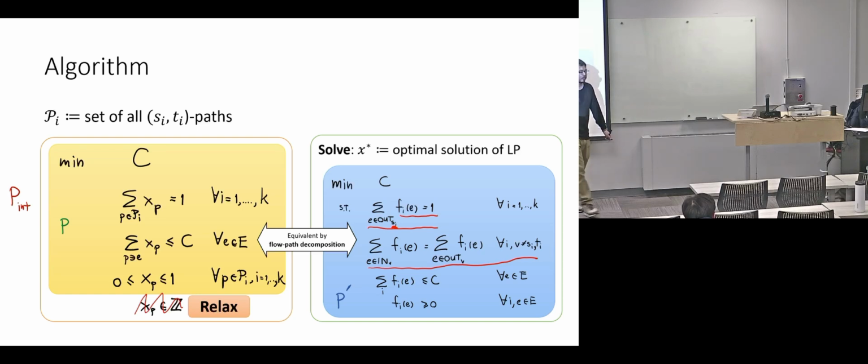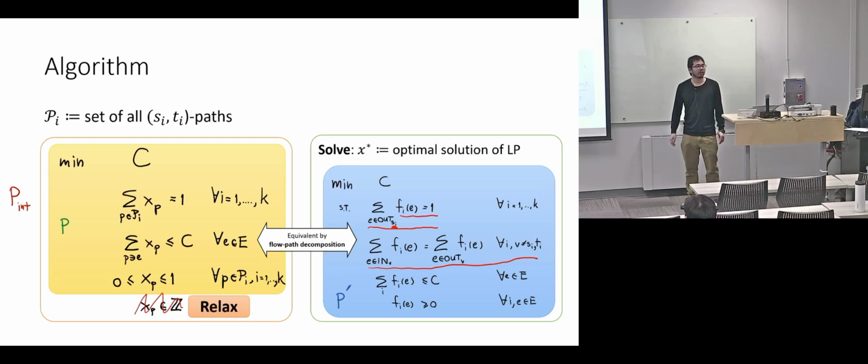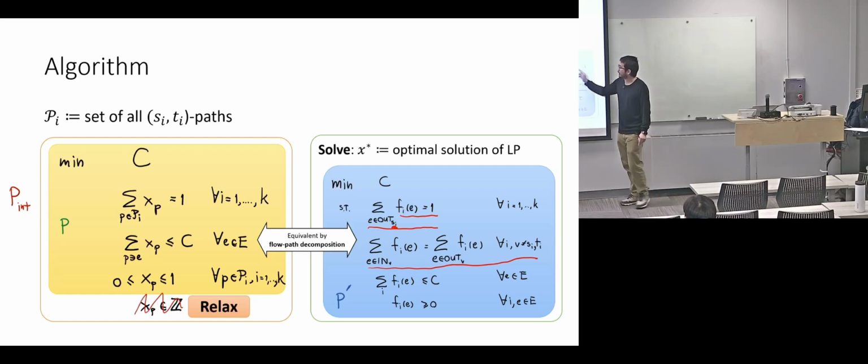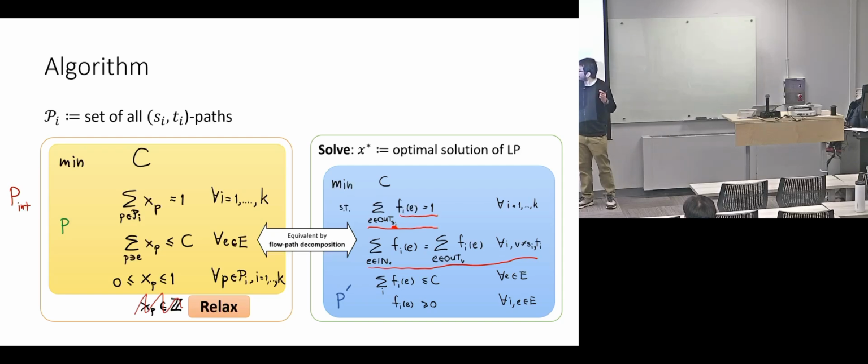Yeah, I think so. What I don't understand is how we're going from multiple sources, multiple sinks to single source, single sink. No, there is no single source, single sink. We have Si, Ti. I want that for every i, I send type i flow of value 1 from Si.